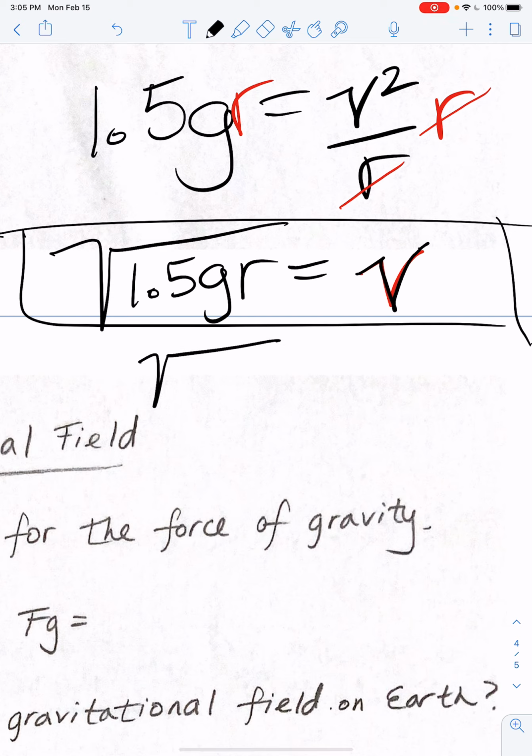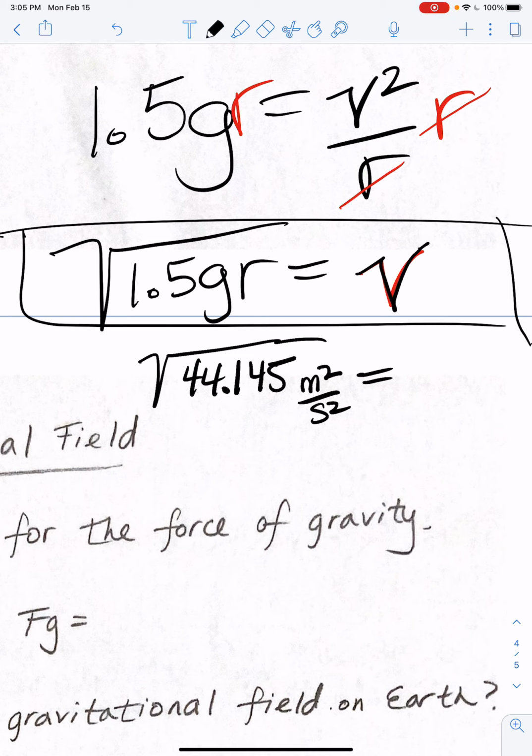So we're saying this time we have the square root of 44.145 meters squared per second squared is the units in there. And all right, so we end up with v equal to that.